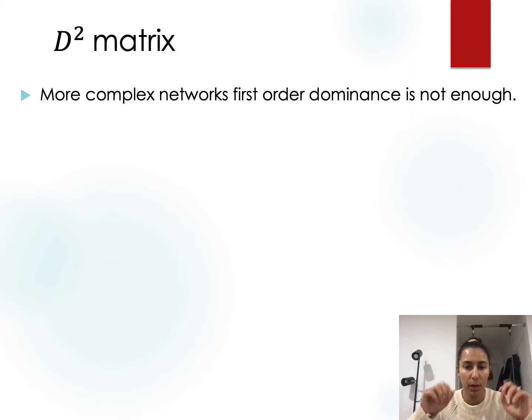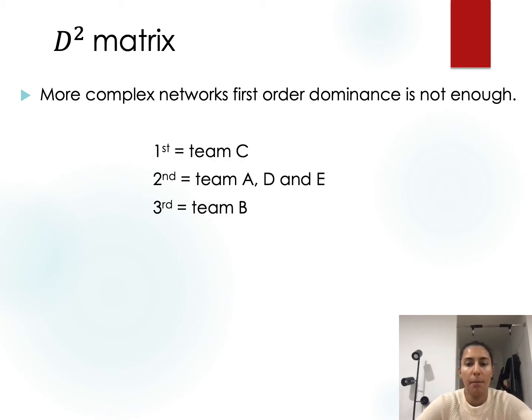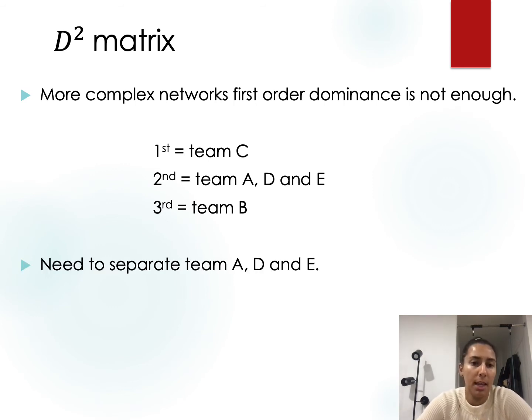Direct wins isn't always enough to differentiate who is going to be the overall winner. So from that example before, Team C was the clear winner, but then we had A, D, and E. They were equal second, and then Team B was the lowest ranking. So we need to be able to separate these 3 teams here.